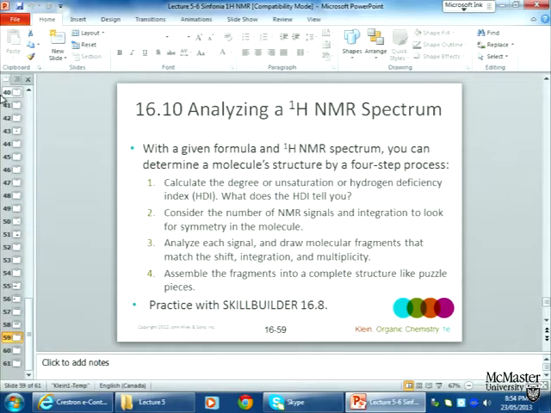How many degrees of unsaturation do you have? Because that tells you about double bonds and rings. So any structure you draw must have the appropriate number of double bonds and rings. Let's say there's one index of hydrogen deficiency. So what are the possibilities?